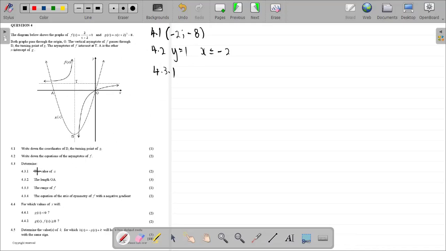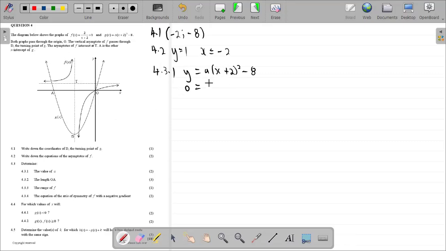So we go to 4.3.1. They say determine the value of a. We know that for g, we have y equals to a, x plus 2 squared, minus 8. They told us that both graphs pass through the origin O. So the origin means x and y are 0.